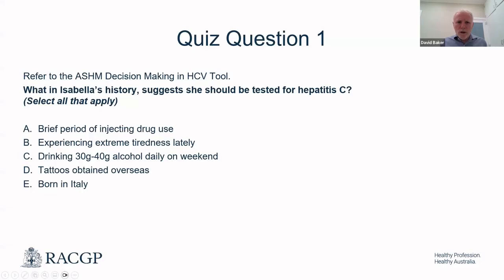So we're going to have a quick quiz now, and based on that history, what are some of the things that make us think that Isabella should have a hepatitis C test? So we've got several options there. Several answers could be correct.